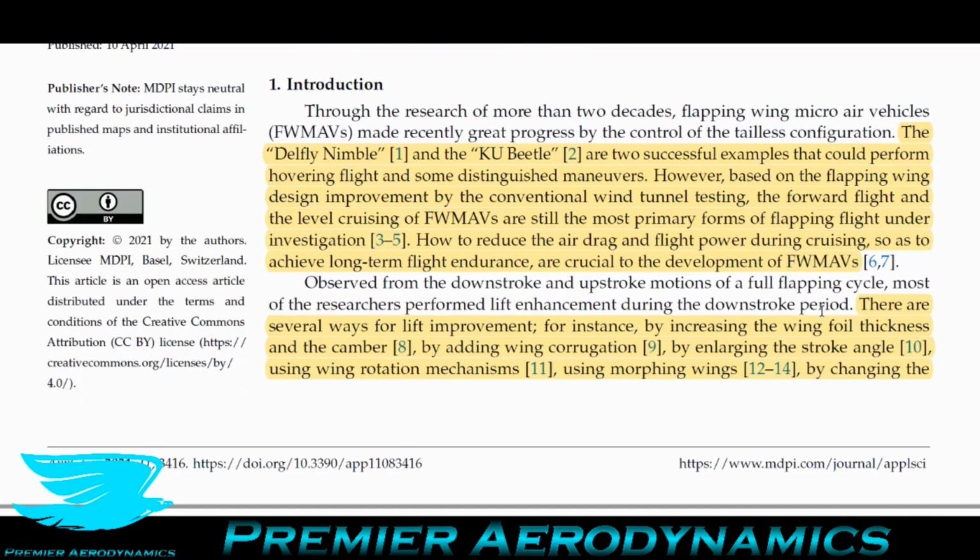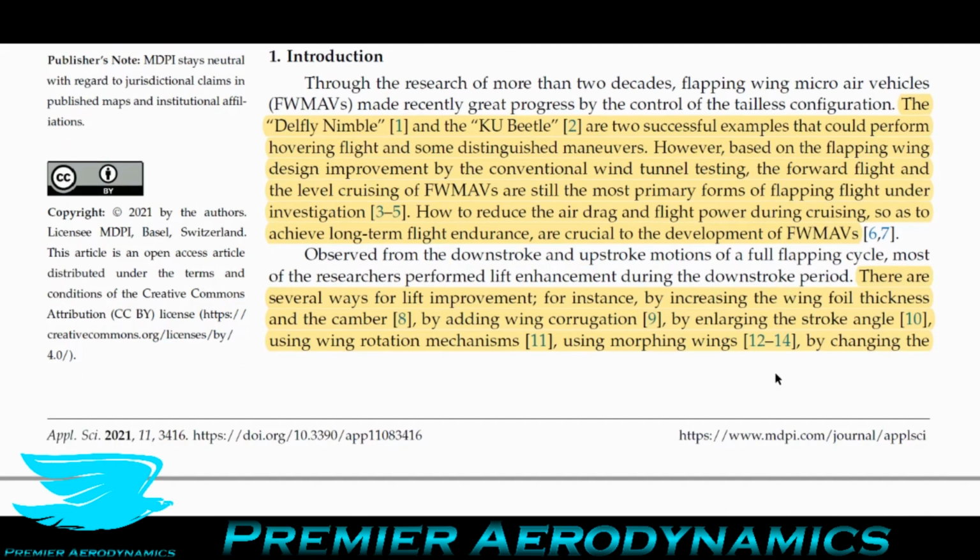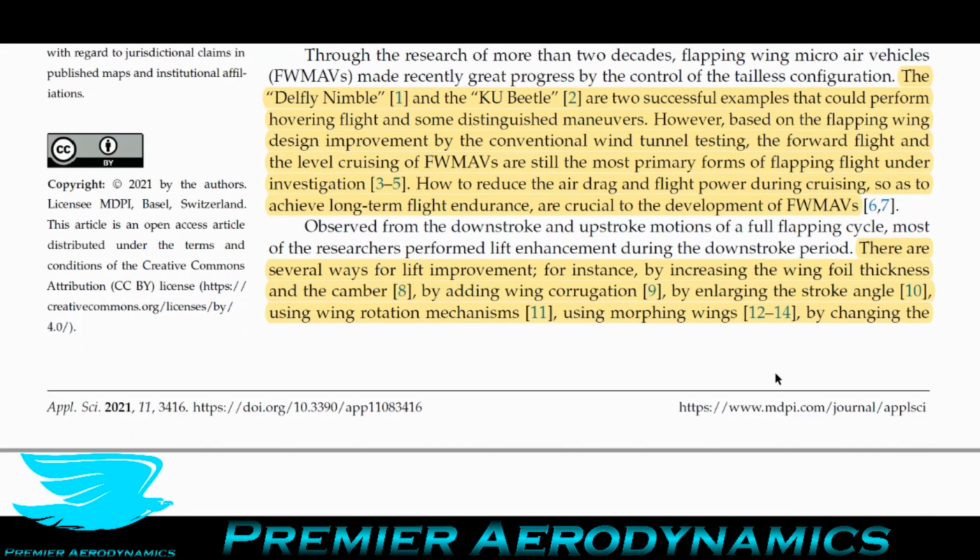There are several ways to improve lift, for example, by increasing the wing foil thickness and the camber. That means the upstroke is not going to be the same as the downstroke, and you can get a net overall lift as opposed to no lift. You can also improve lift production by adding wing corrugation. That's pretty cool.